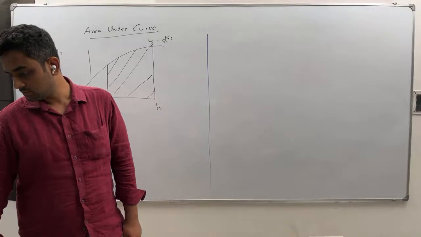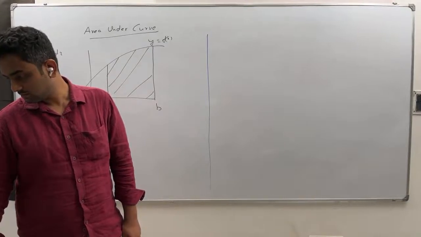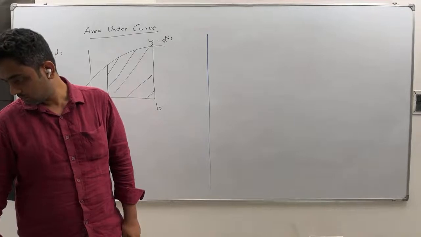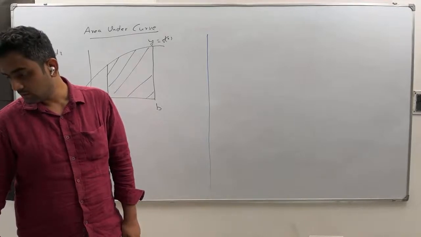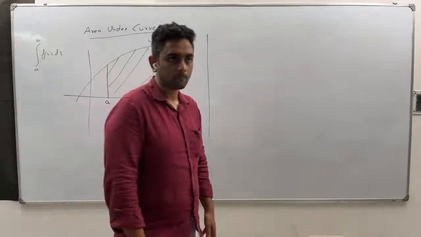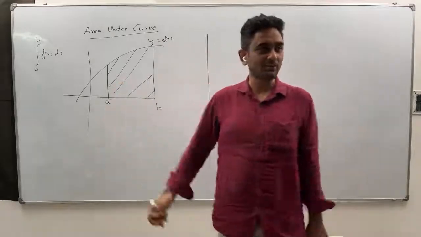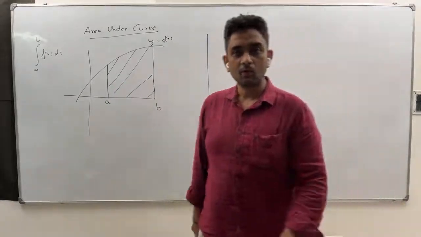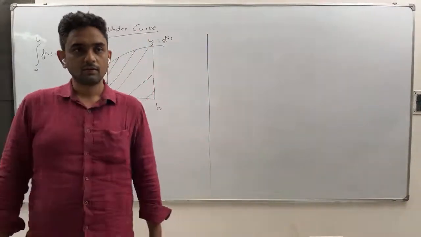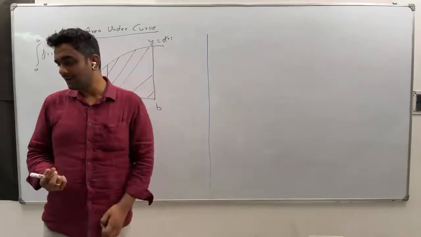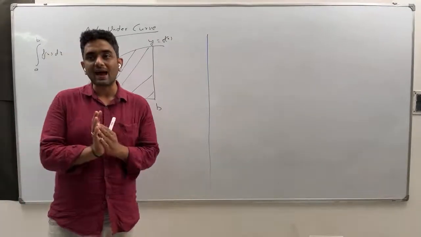Anyone? Integration is sum. Now, what kind of sum are we doing? See, if I add, I should get a number, right? Why are we getting area? Or how do we do that basically? We take small rectangular strips and then we add all of that.